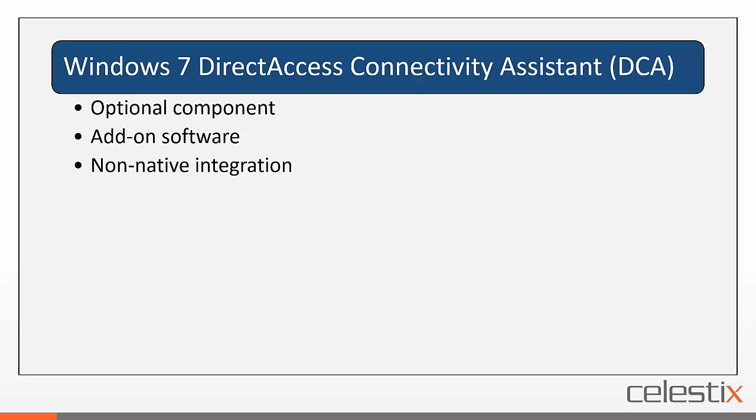And the challenge is that it had to be managed separately from the default management tool. You can do that using PowerShell as well. When you deployed the Direct Access Connectivity Assistant for Windows 7, you had to manually create your own custom group policy objects to manage that.